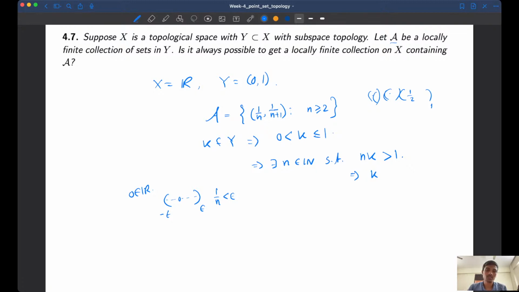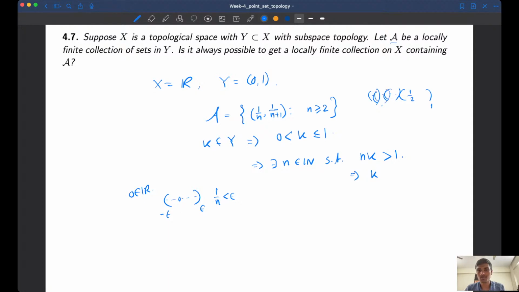So there exists a neighborhood. Here there can't exist any neighborhood, but in this case we can consider. If the point belongs to something inside, I can just take the corresponding neighborhood in that set. If it already lies inside one of these sets, then I will consider that neighborhood. Otherwise I can just take this.